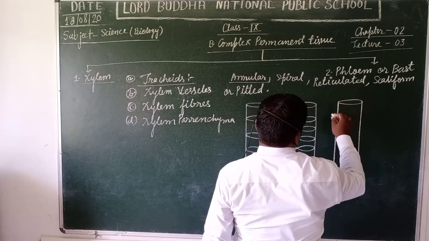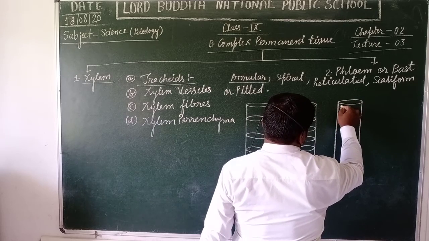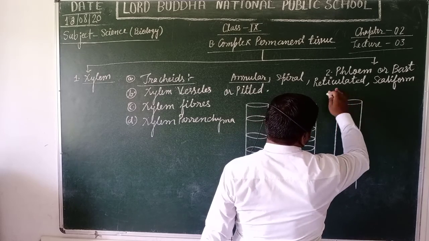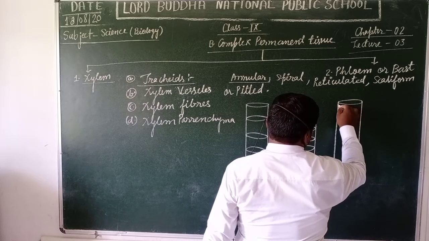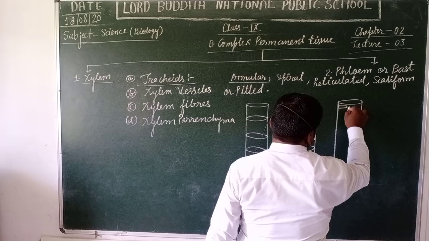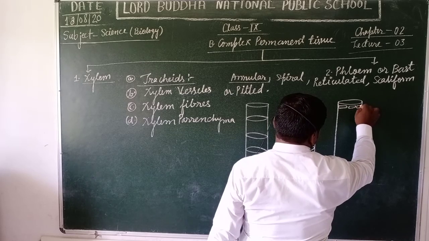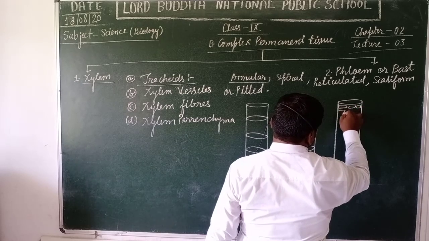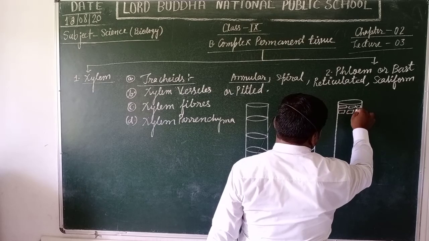Now here is the reticulated type of tracheids. The reticulated tracheids are perforated type of structures.